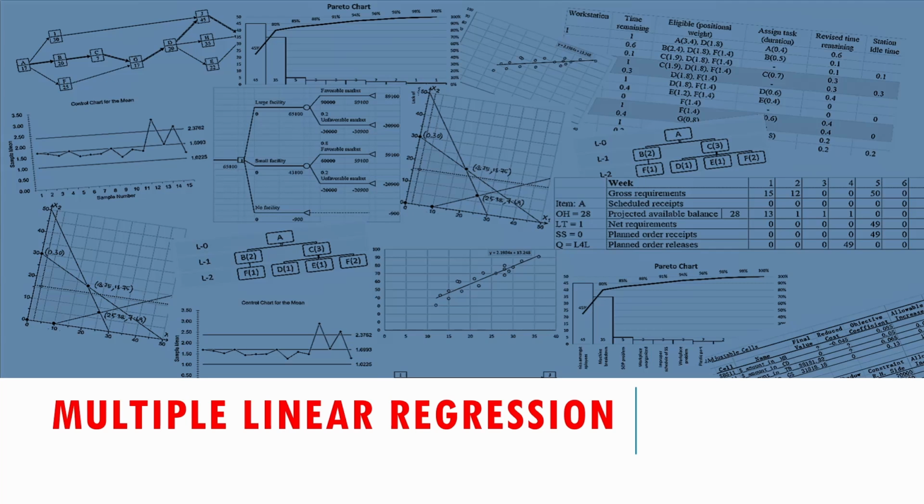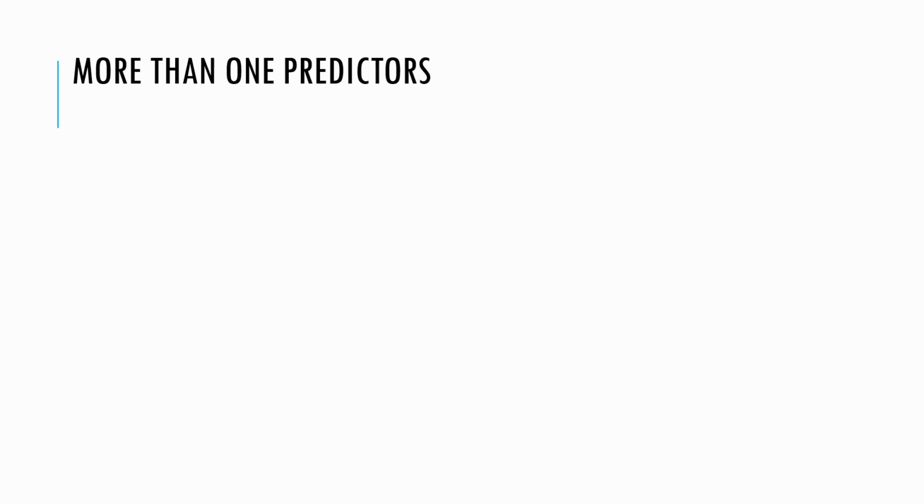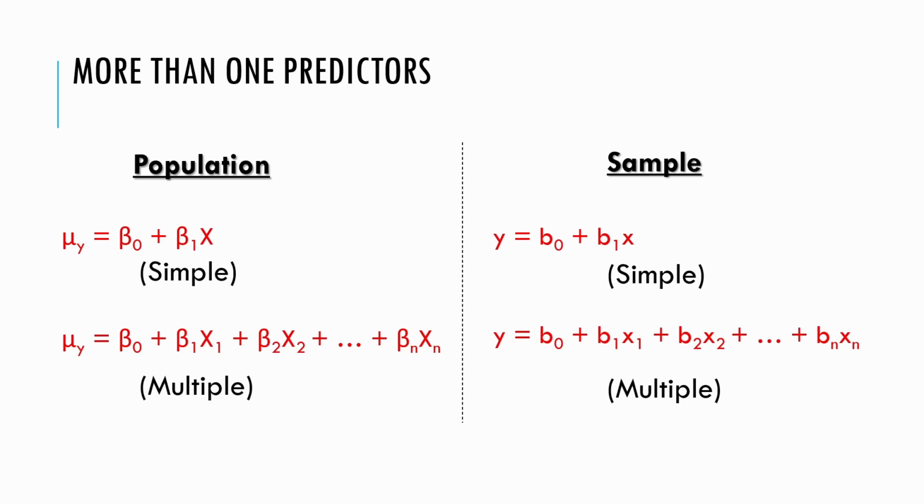This is the 11th video of the series Business Forecasting, and in this video we will discuss multiple linear regression. Unlike simple linear regression, which has only one predictor variable, x, in multiple linear regression there can be multiple predictor variables like x1, x2, up to xn.